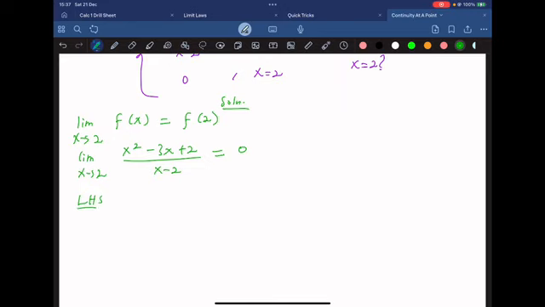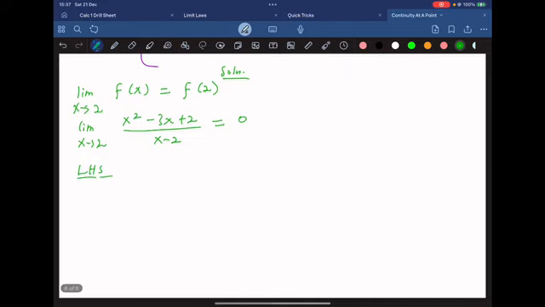We have this. So just as we've been doing, let's first of all put in 2. So we have 2 squared, meaning 4 minus 3 times 2, which is just 6, plus 2 over 2 minus 2. So this simplifies to 6 minus 6 over 0. So this is 0 over 0.